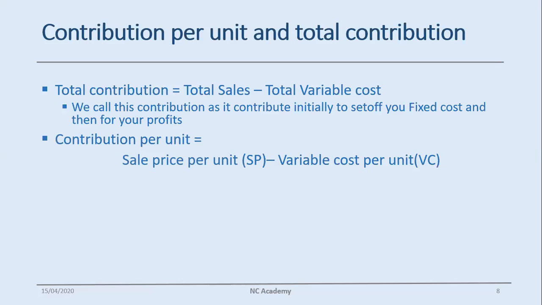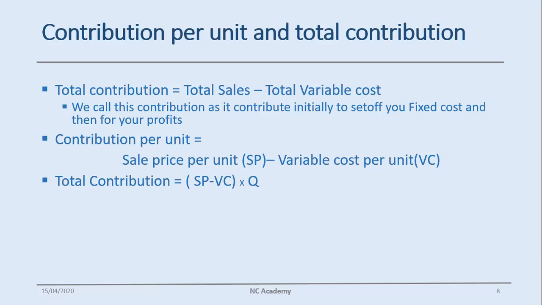Total contribution is total sales minus total variable cost. Also, we can calculate contribution per unit, which is essentially sales price per unit minus variable cost per unit.